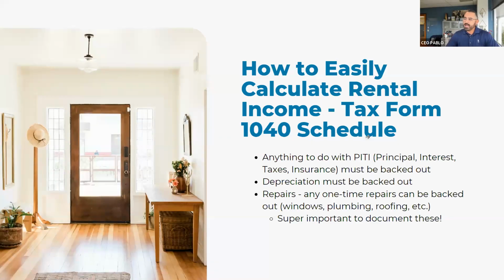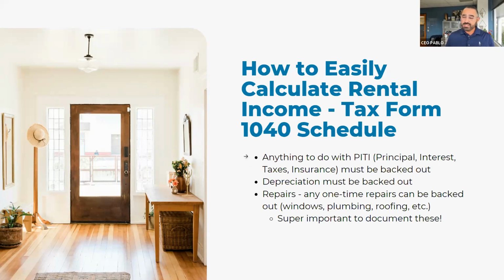How to easily calculate rental income, tax form 1040. So this is going to be specific to personal tax returns. This is not business tax returns or anything like that. This is someone that reports their property on a Schedule E on a 1040 document. And it's very simple, actually.